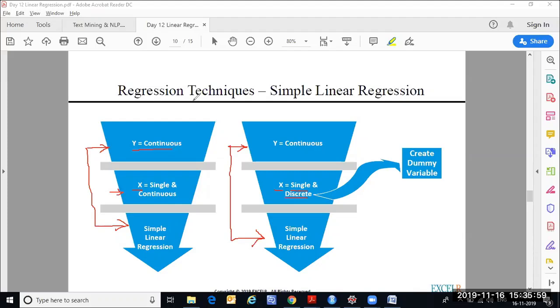But when your x variable is discrete, what is discrete, friends? Let us say the x variable is gender. Male and female are the possible values.